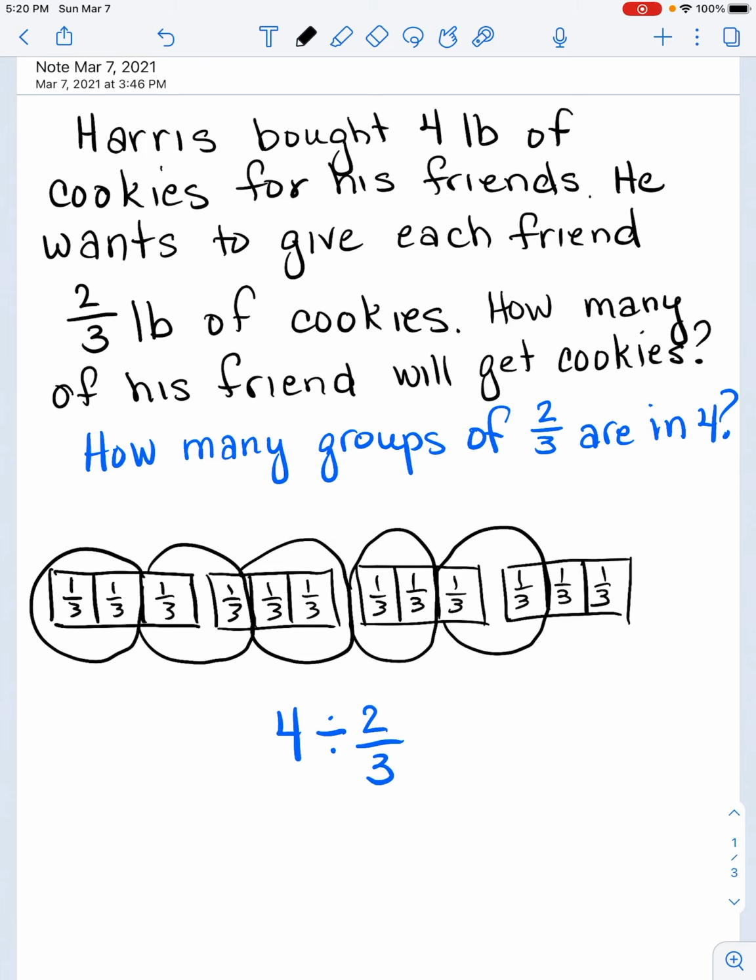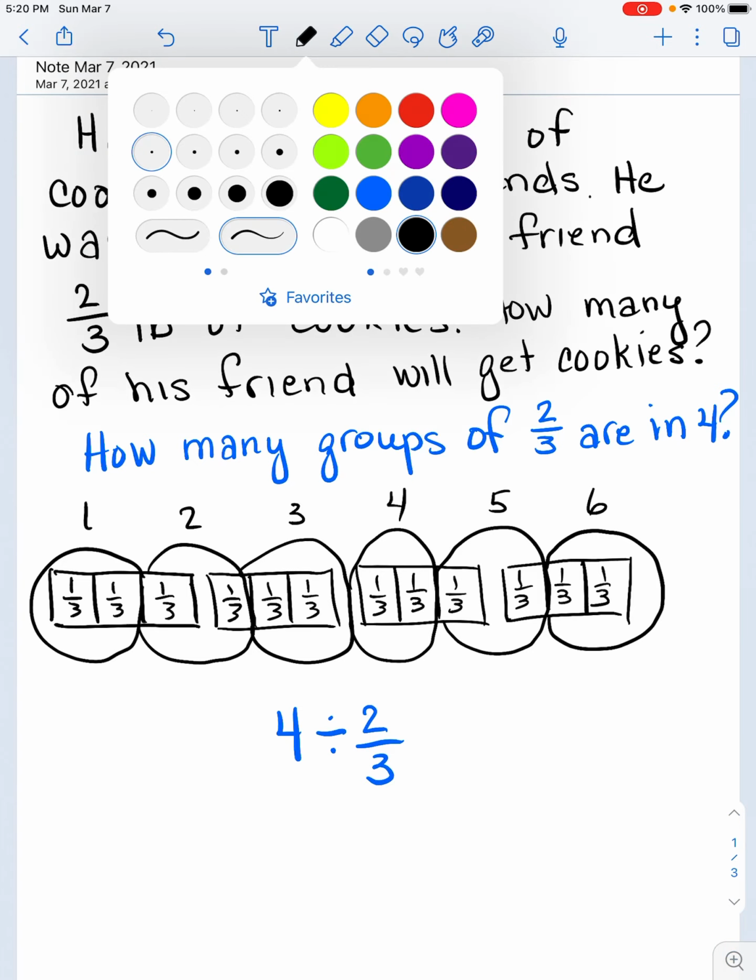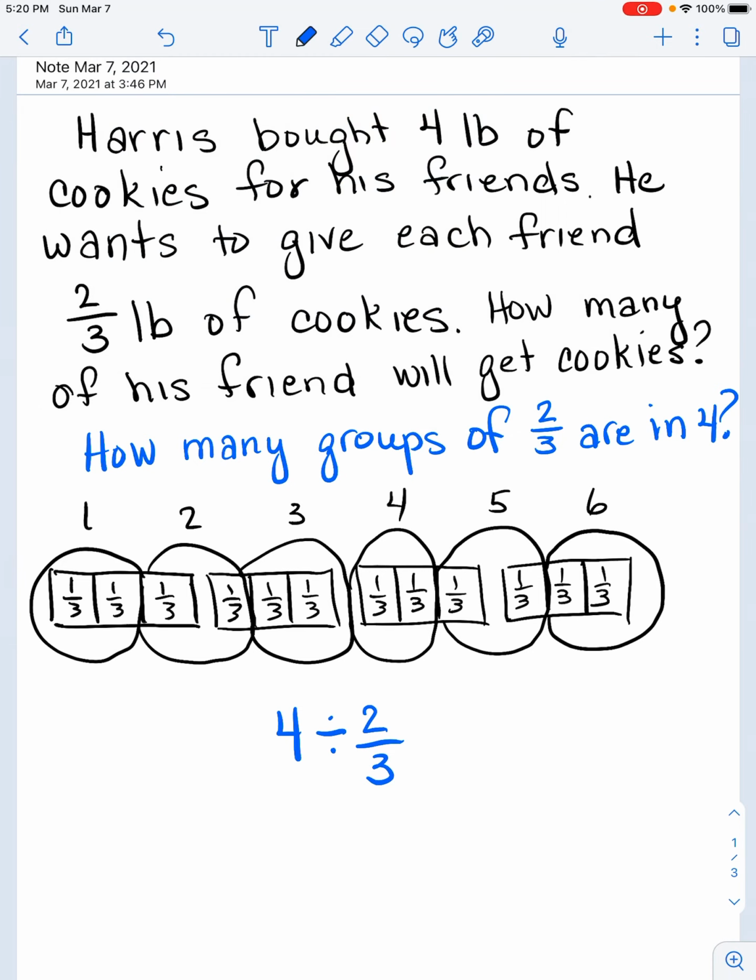And you see there's a reason I put the rectangles next to each other. It makes it easier to group the 2/3. And then I'm merely going to count. I have 1, 2, 3, 4, 5, 6 groups.